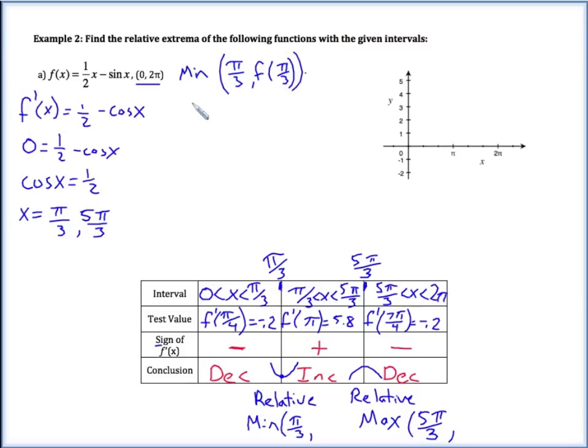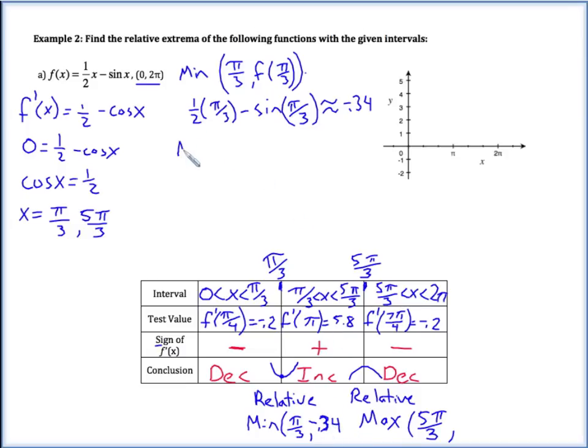And f of pi over 3 is going to be 1/2 times pi over 3 minus sine pi over 3. And you can just plug this into your calculator, and we get about negative 0.34. Okay, so our relative min here is at negative 0.34.